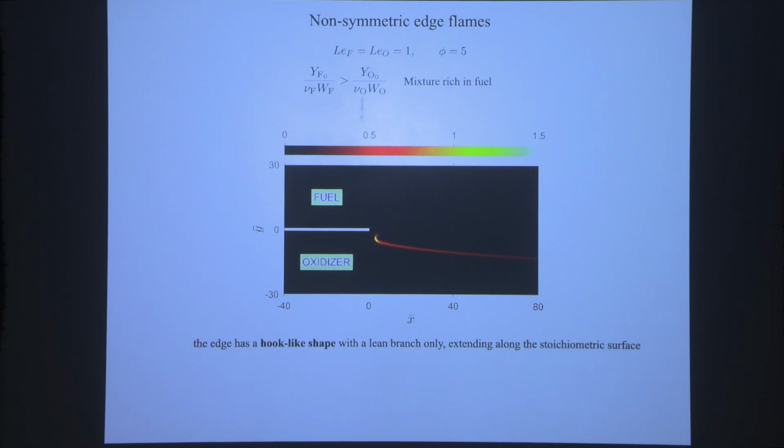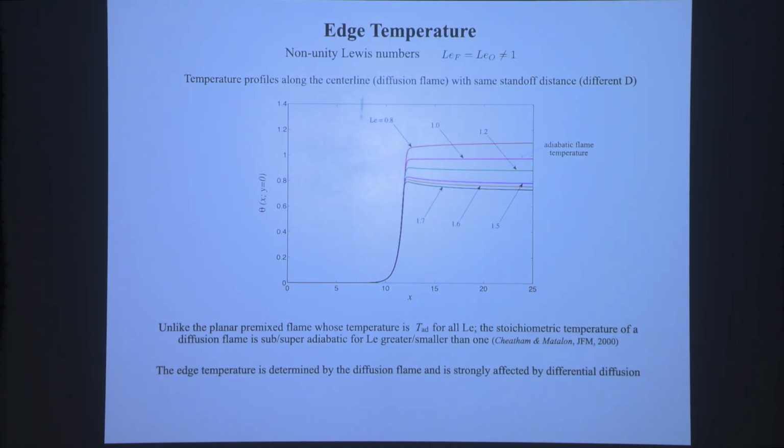So those are just different ways that the flame would behave according to this condition. But note here that this edge flame looks like a hook. In other words, the rich part is almost gone under this condition, again, because it's a very rich system. And that's why I prefer to call them edge flame rather than triple flame, because there is no triple here, really. But anyway, that's how it happened in the literature.